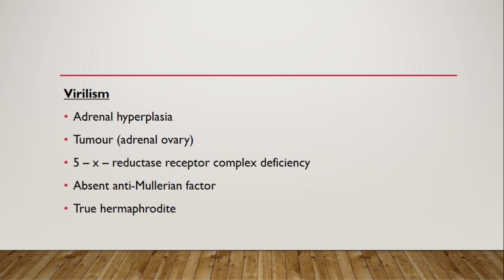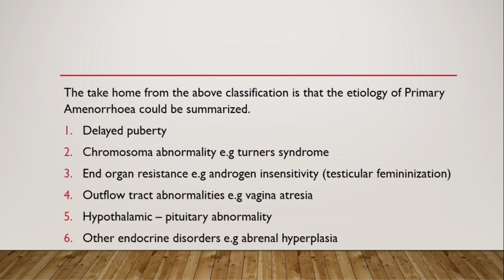Then we have true hermaphrodites, where one section of the gonad is ovary and the other part of the gonad is testis. So this can give rise to virilization conditions.